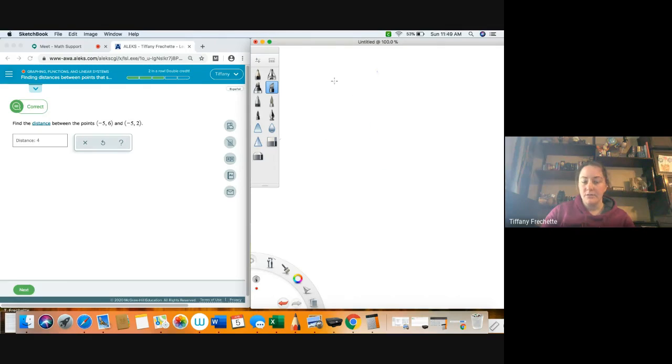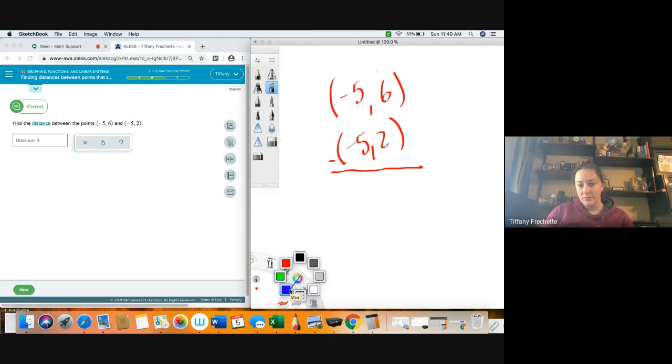We're going to go -5 and 6, and -5 and 2. Oh, this is really crooked all of a sudden. There we go. Again, I'm not going to pay attention to the two that match here.